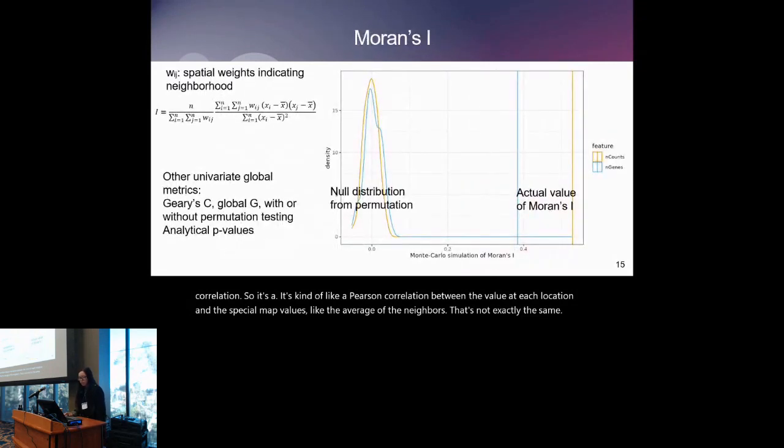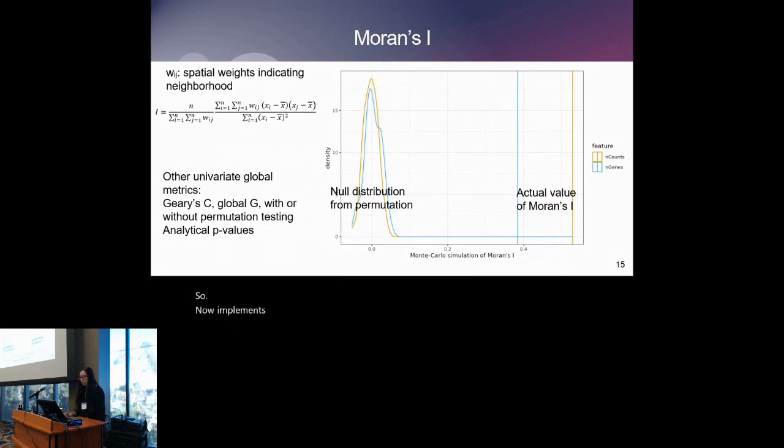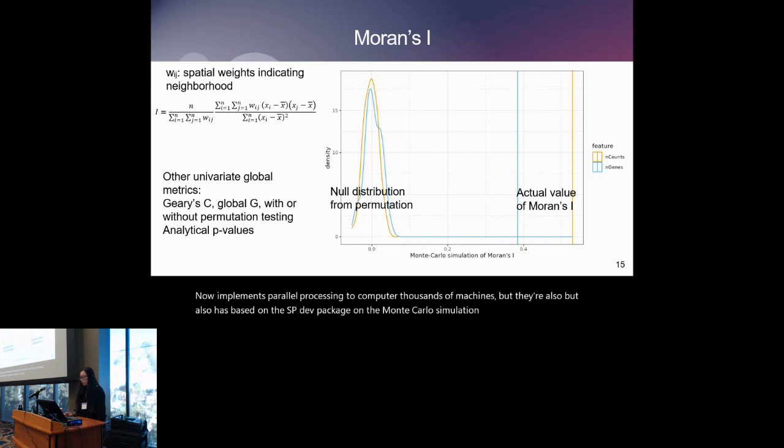Voyager not only implements parallel processing to compute Moran's I for thousands of genes, but also, based on the spdep package, Monte Carlo simulation for Moran's I. There are also other spatial autocorrelation metrics like Geary's C and global G and so on, which will reveal different aspects of spatial autocorrelation from Moran's I.